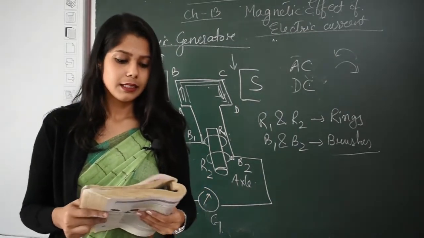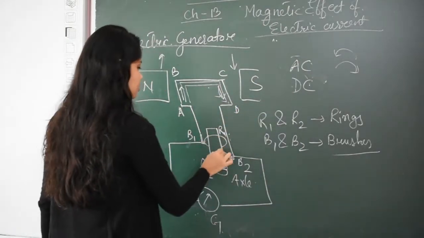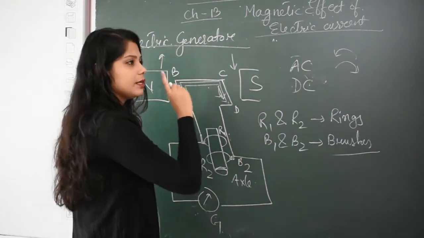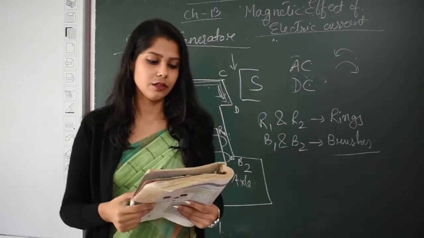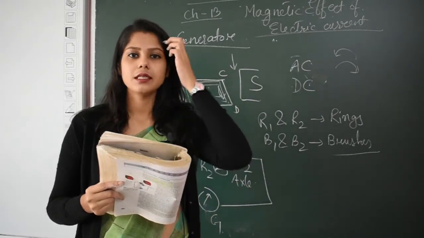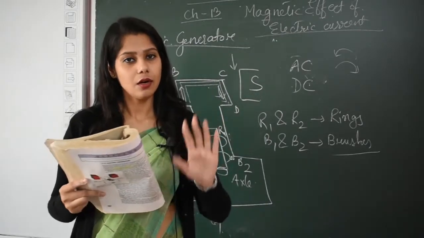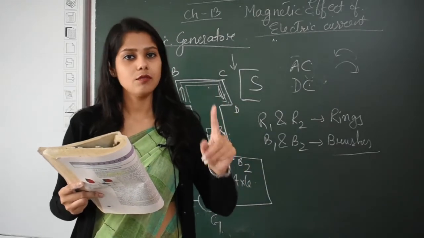When I use split rings in place of the whole rings here, the direction of the arms will be unidirectional, either clockwise or anti-clockwise. Then the generator will be termed a DC generator. So the difference between direct and alternating current is that direct current flows in one direction.